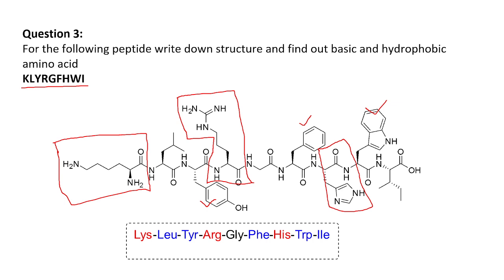So lysine does have a basic side chain, one amino acid.